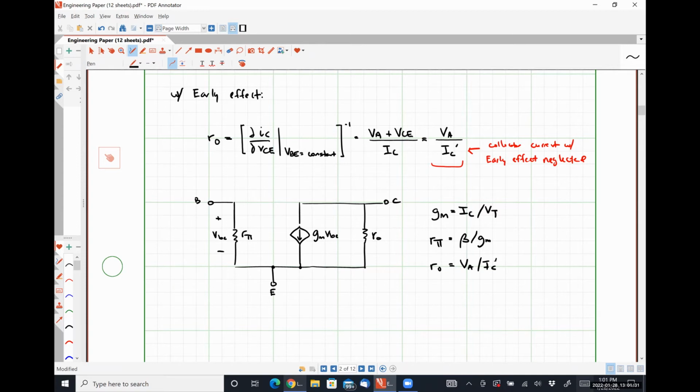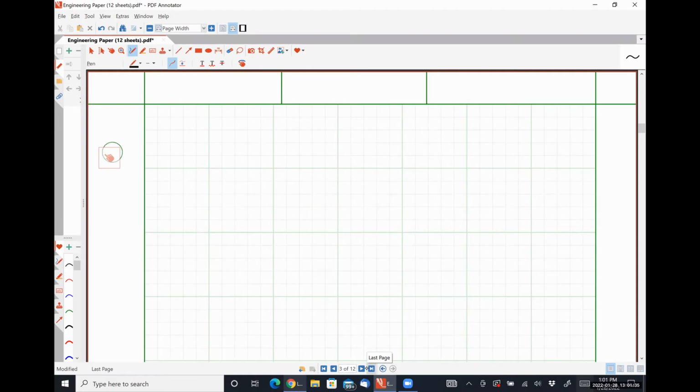So what I would like to do now is show you an example of how we actually set up a BJT amplifier circuit, and then determine those small signal parameters before we jump into amplifier analysis. All right. So let's say that we have the following circuit.